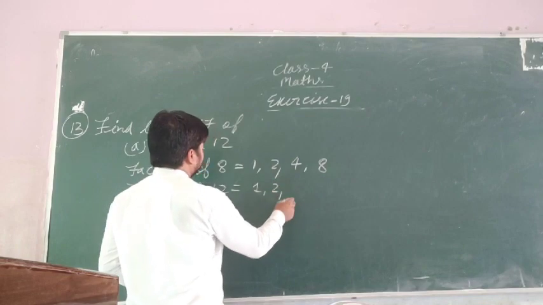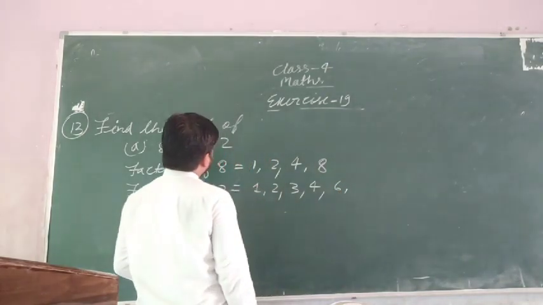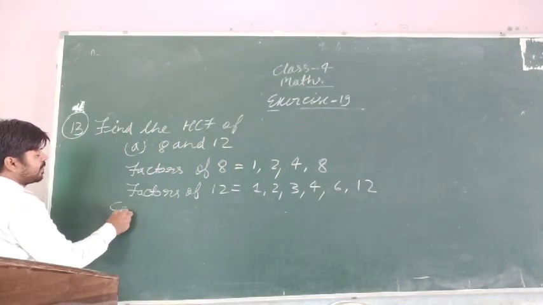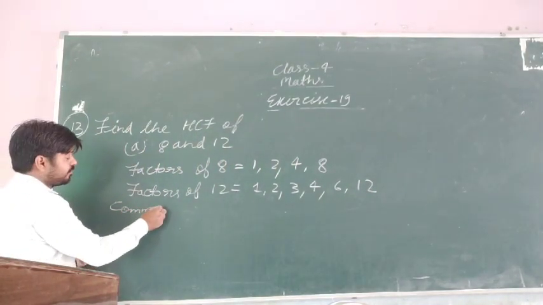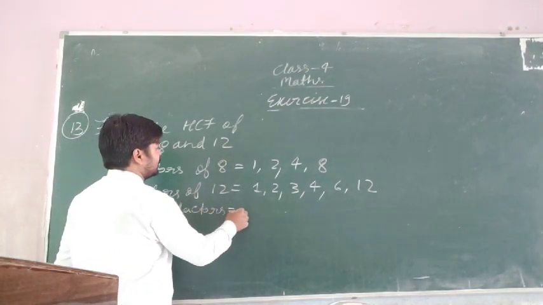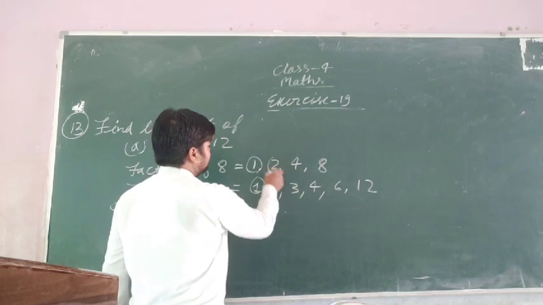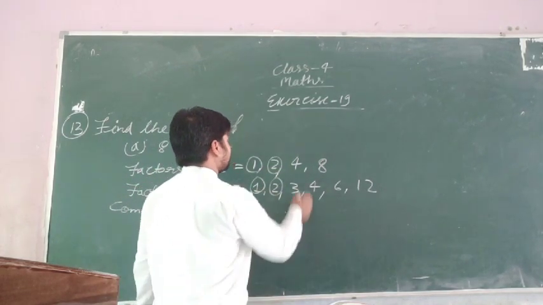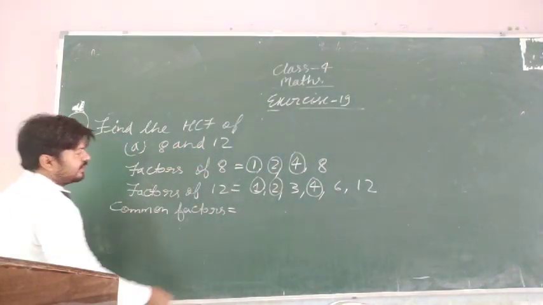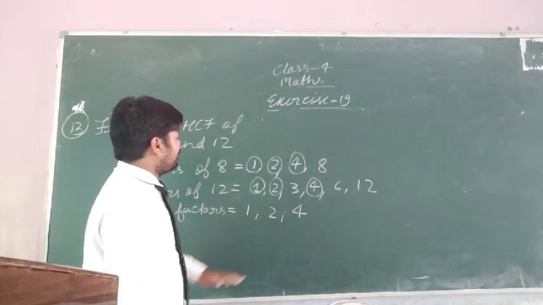So by 2 it will go, 3, 4, 6 and 12. Then you have to write here common factors. So which one will be common? 1, 2, then 4. Any other common? No. Then you have to write common factors equal to 1, 2 and 4.